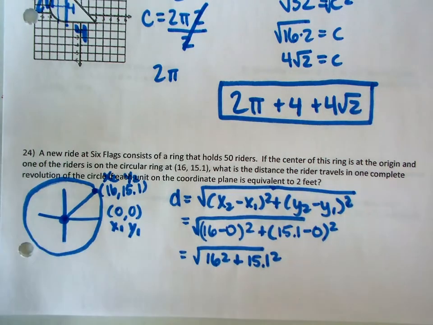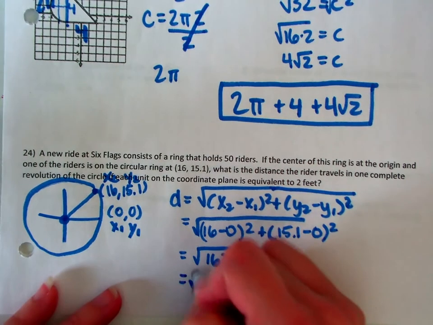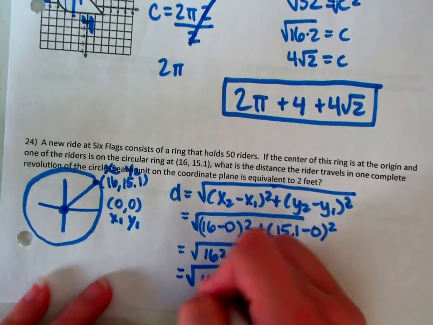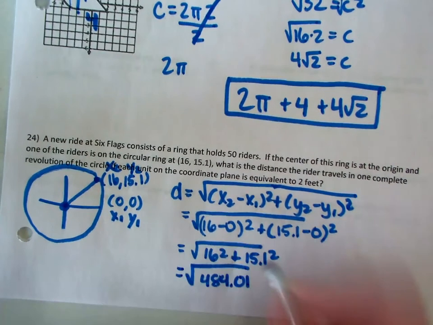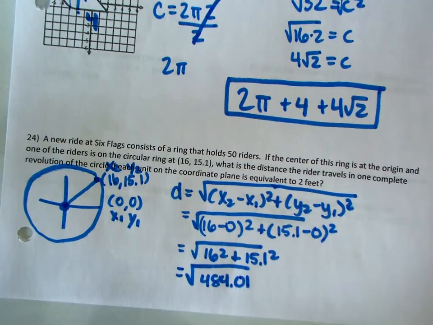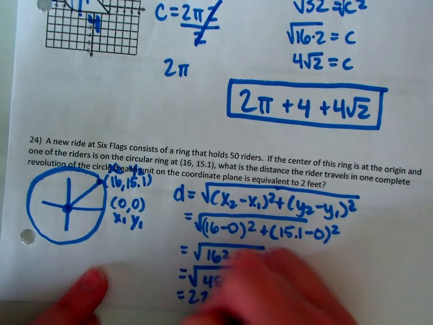So here we go. We want to do 16 squared plus 15.1 squared, and that's going to roughly give me the square root of 484.01, and when I take the square root of that answer, that is really close to the number 22.